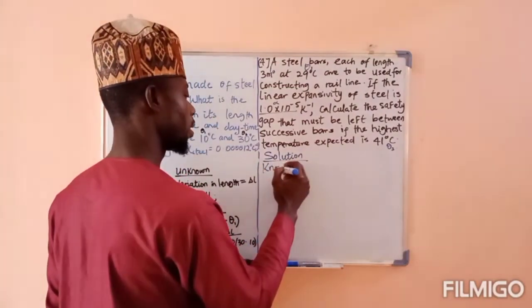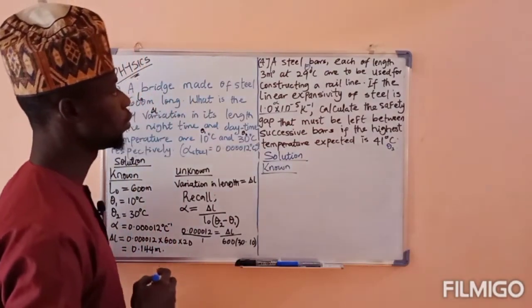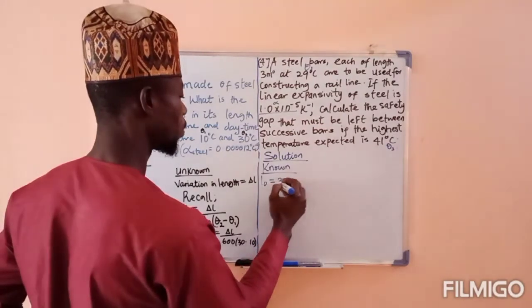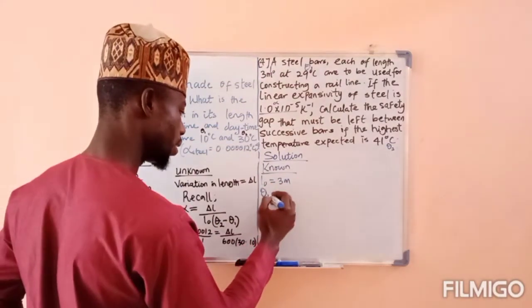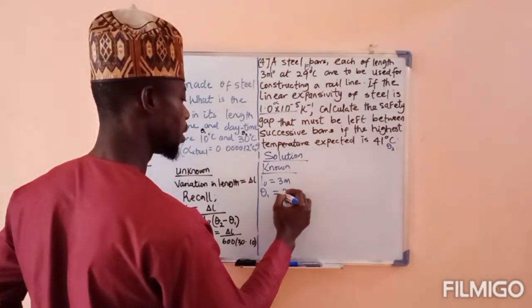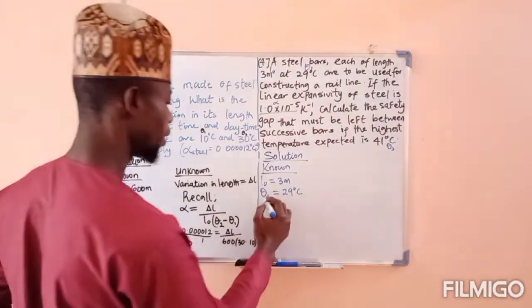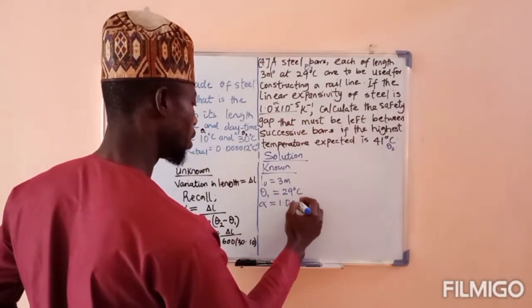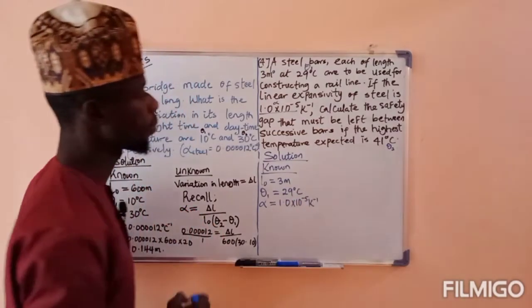As usual, you have to itemize what you have. The known: original length is given as 3 meter, and the initial temperature is 29 degrees Celsius. They give me my linear expansivity to be 1.0 times 10 raised to power minus 5 per Kelvin.